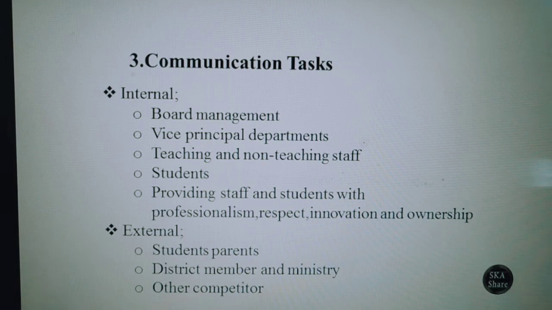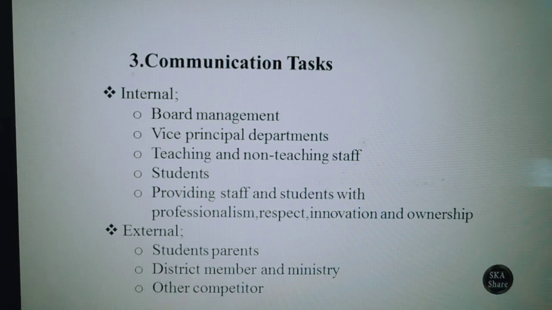The school principal also needs to work closely with district members or ministries, to follow or get regulations from the ministries, because some schools usually have good cooperation with or are under the control of the ministries. So a school principal should be able to communicate well on that.